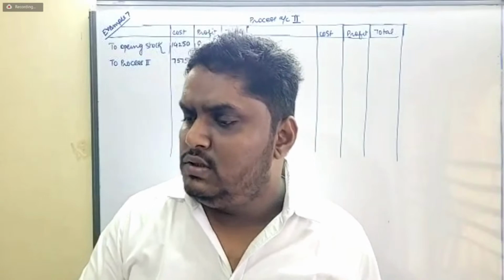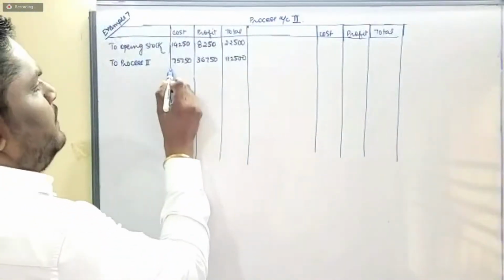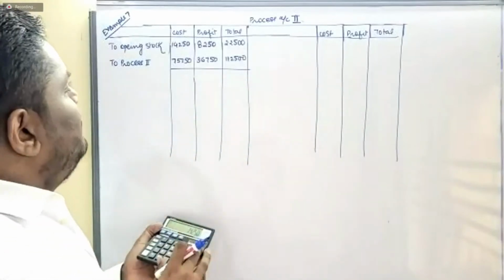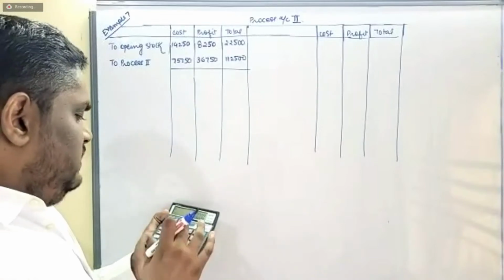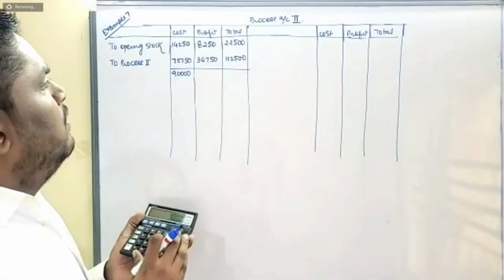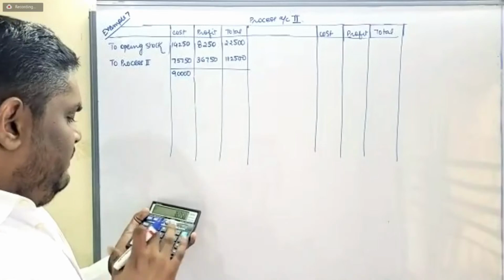Here the closing stock is given, that is 11,250. So we'll calculate the total first. That is opening stock 14,250 plus 75,750. So this is 90,000. 8,250 plus 36,750.